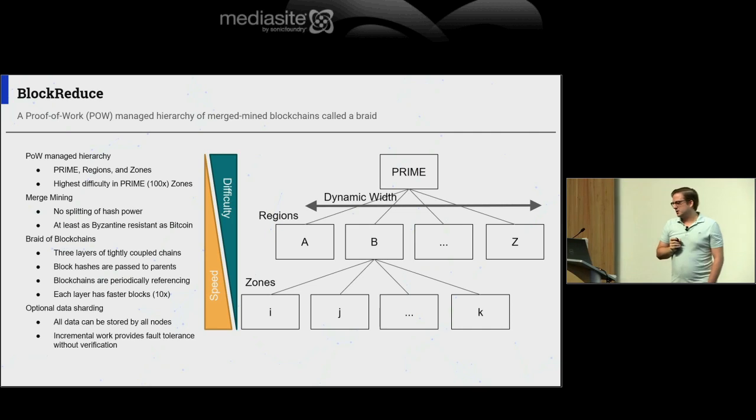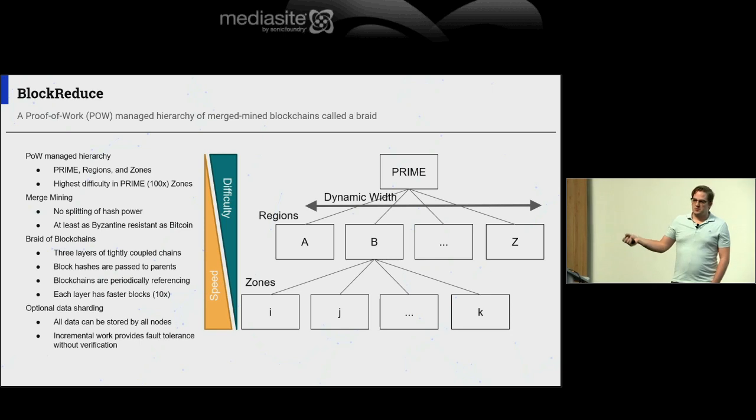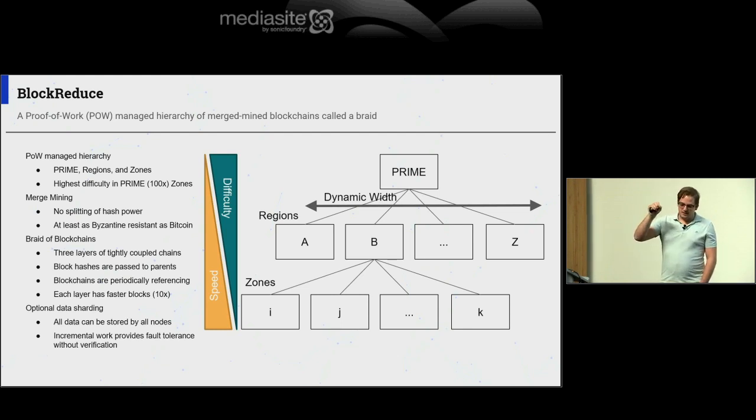And in terms of data sharding, we can optionally shard data. If I have a lot of hash power, I would be economically incentivized to store greater amounts of the holistic state of the system, because I would be mitigating my risk and shortening my time to finding essentially nefarious blocks.